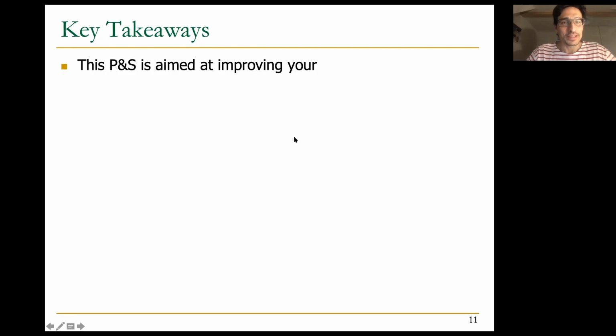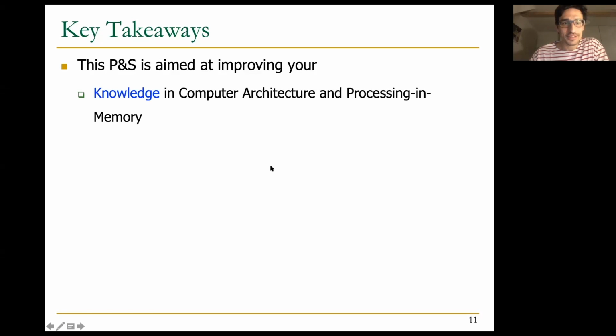Okay, key takeaways. This PNS is aimed at improving your knowledge in computer architecture and processing in memory. We are already learning about processing in memory, and we are reviewing some common knowledge in computer architecture already.